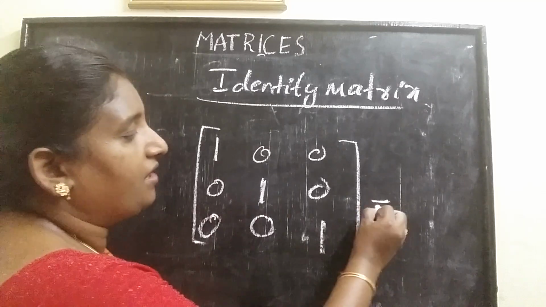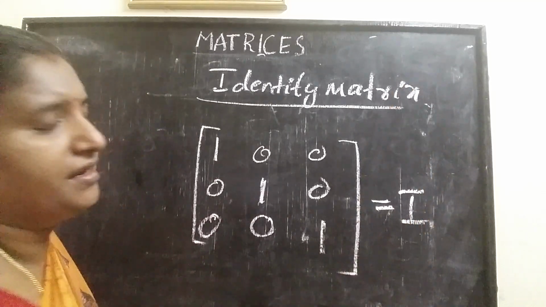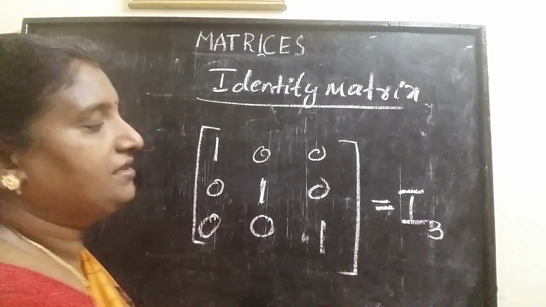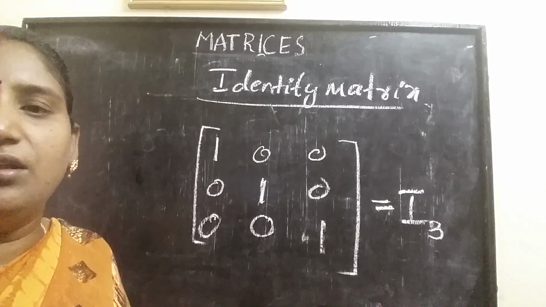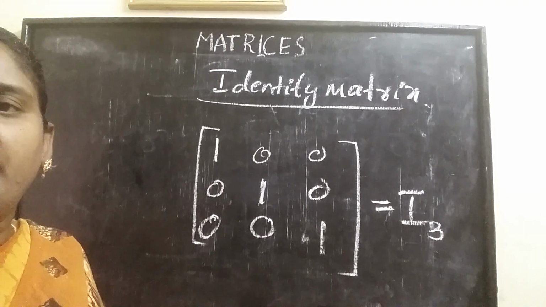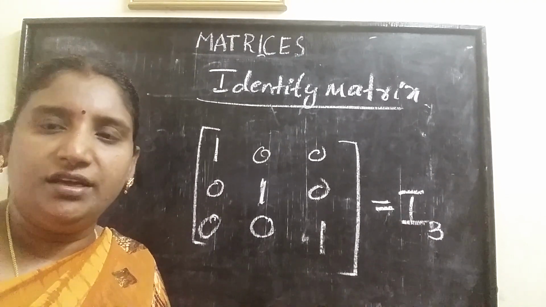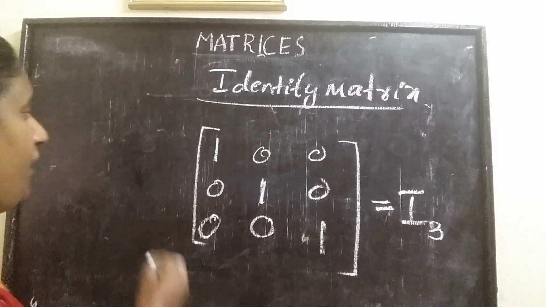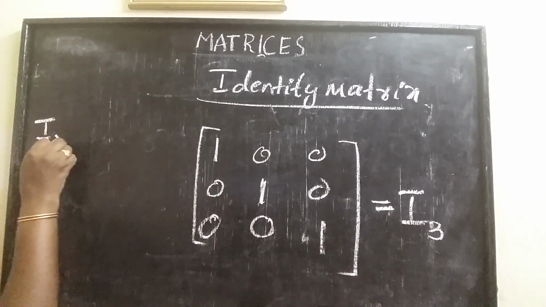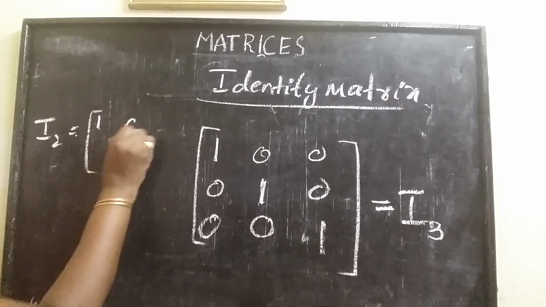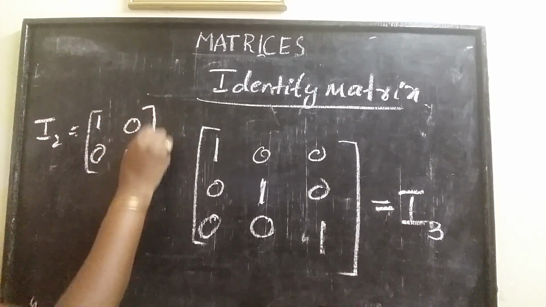This identity matrix is denoted by capital I, and you can write I suffix 3. If I write that, the meaning is an identity matrix of order 3. Suppose you want to write I2, it is an identity matrix of order 2: 1, 0, 0, 1.